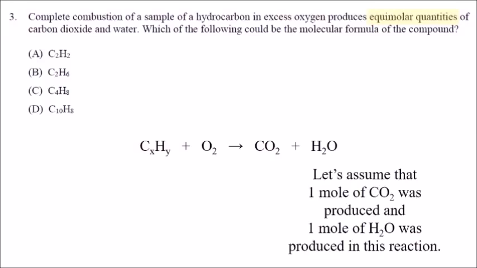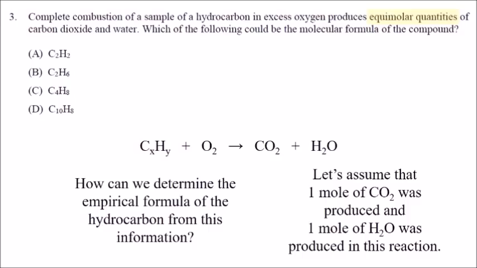So let's assume that 1 mole of carbon dioxide was produced and 1 mole of water was produced in this reaction. Now, how can we determine the empirical formula of the hydrocarbon from this information? Well, to figure out how much carbon was present, if 1 mole of carbon dioxide was produced, that means there must have been 1 mole of carbon in the original compound.